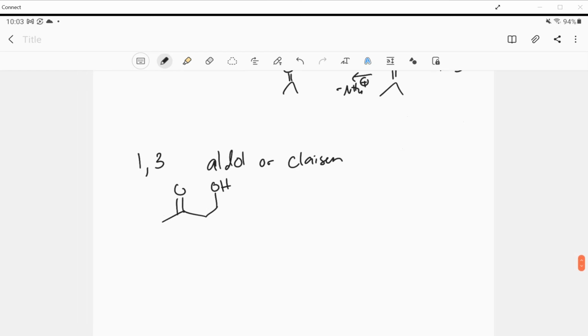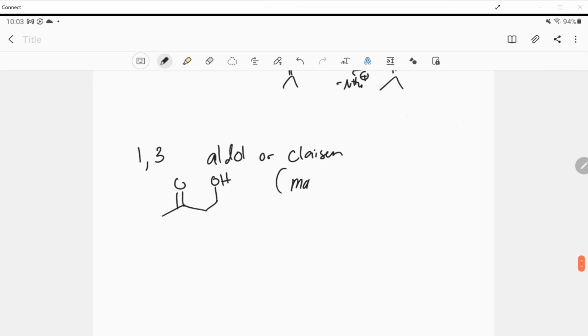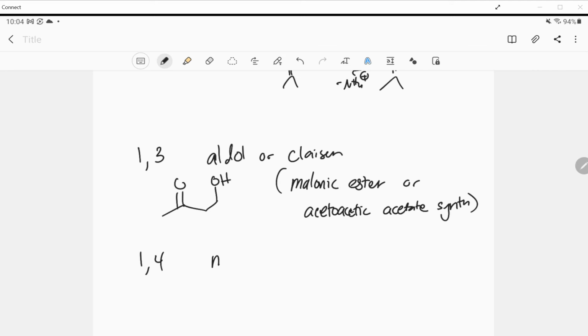And remember that within those we have the malonic ester or the acetoacetate synthesis. Those are both subdivisions of Claisens, but those all give you 1,3 difunctionalized products. 1,4 additions come from Michael additions.